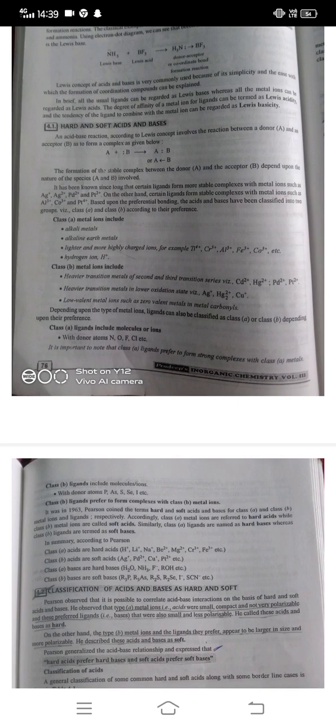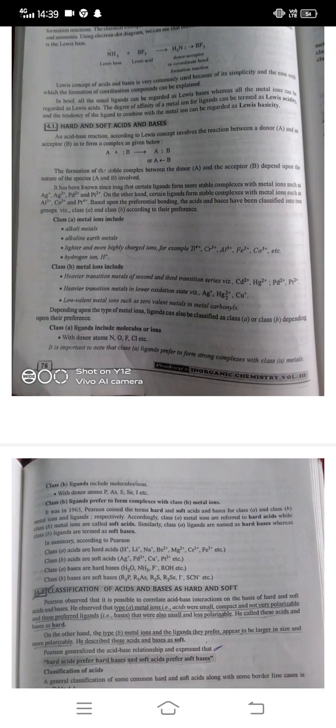Class B ions include heavier transition metals of the second and third transition series, cadmium 2 positive, mercury 2 positive, platinum 2 positive. Heavier transition metals in lower oxidation state, mercury 2 positive, copper positive. Low valent metal ions such as zero valent metal in metal carbonyls.